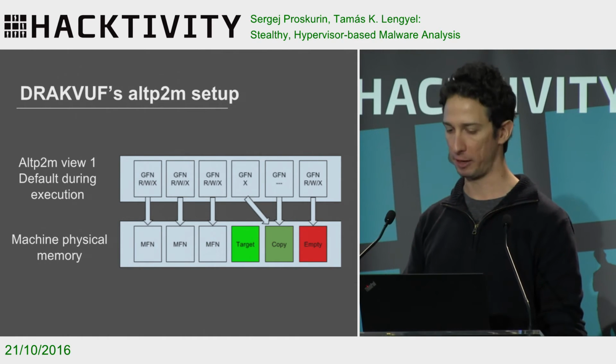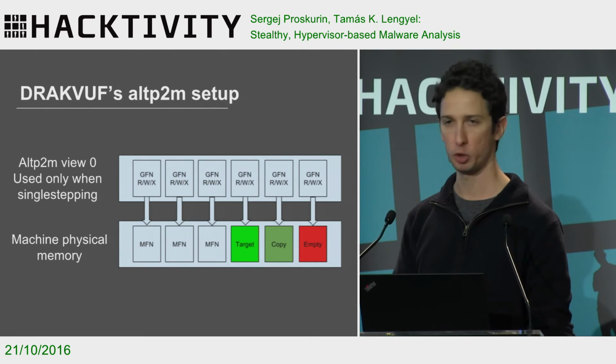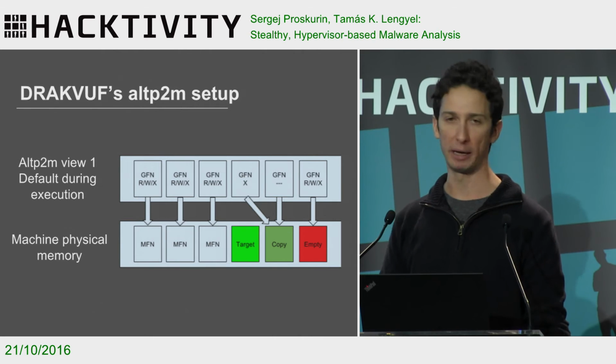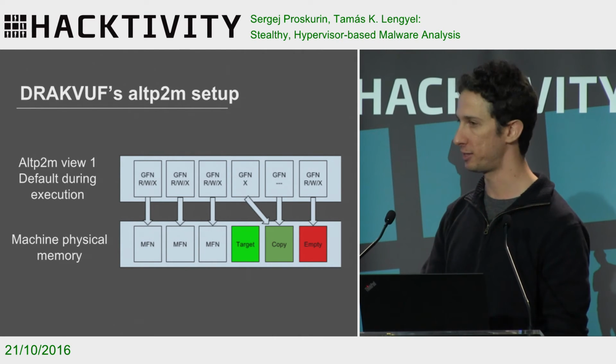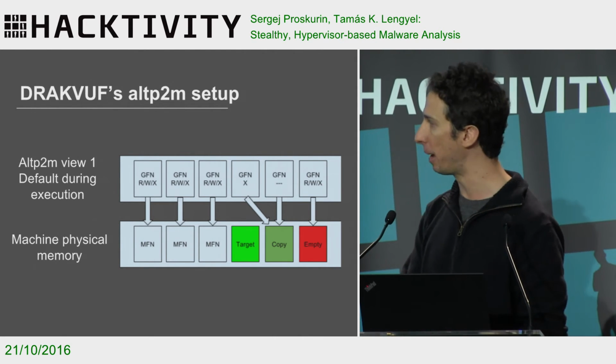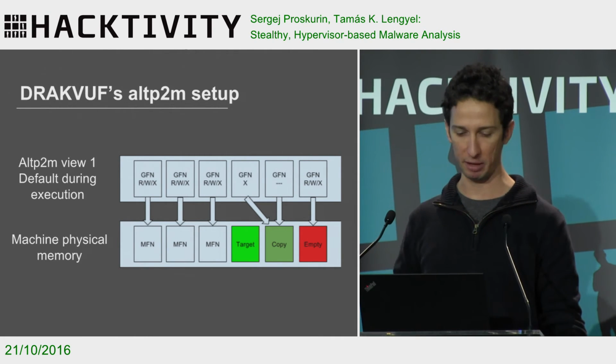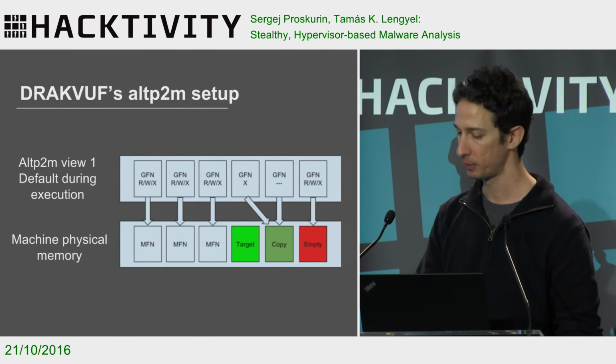If anything tries to read from that page, we can just switch that one vCPU back to view 0, single step, and then go back to this view. A nice thing about that is that this is all vCPU independent. You can switch these pointers with multiple vCPUs at the same time.